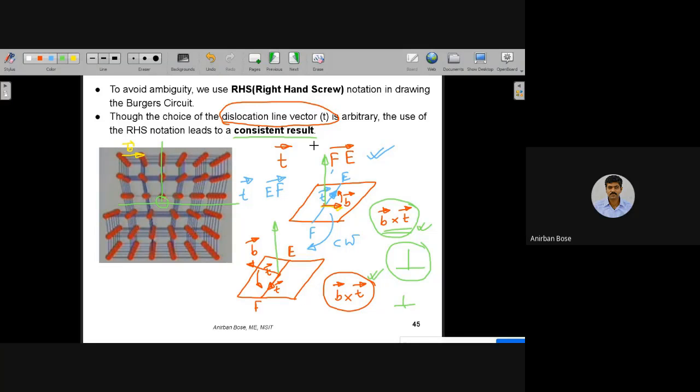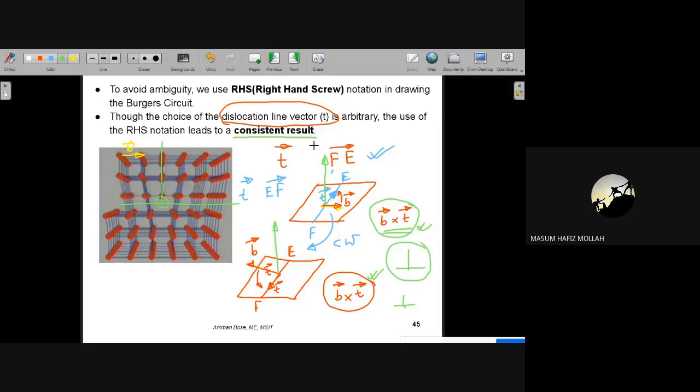The consistent result means the position of the part plane with respect to the crystal, and that defines whether it is a positive edge dislocation or a negative edge dislocation. Clear up to this much? How the ambiguity is resolved?